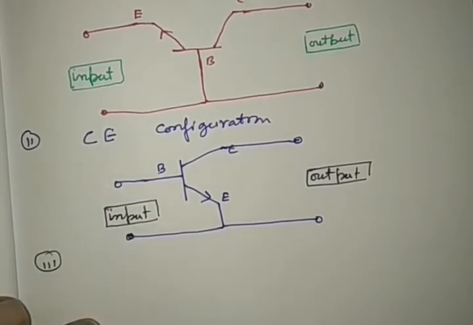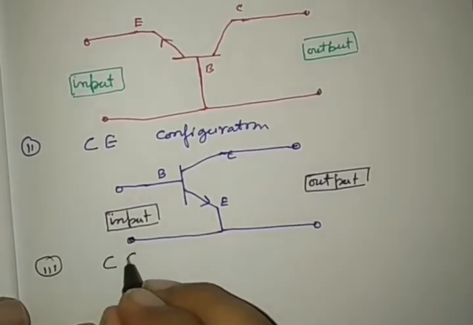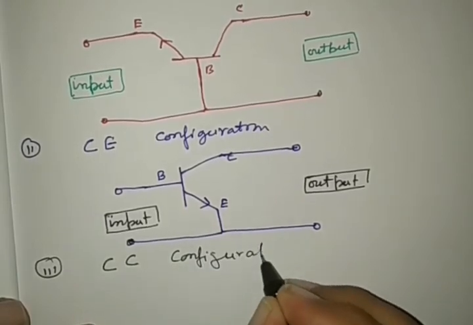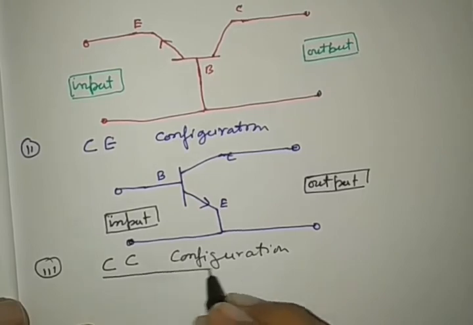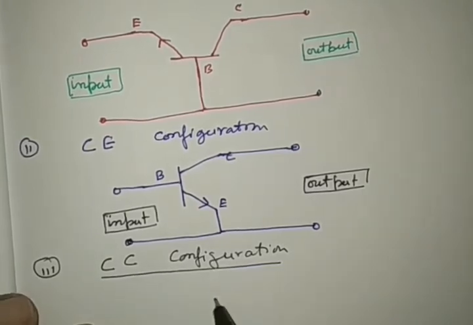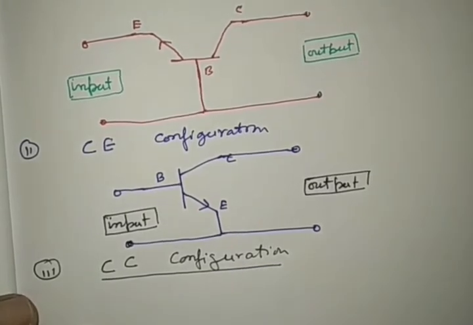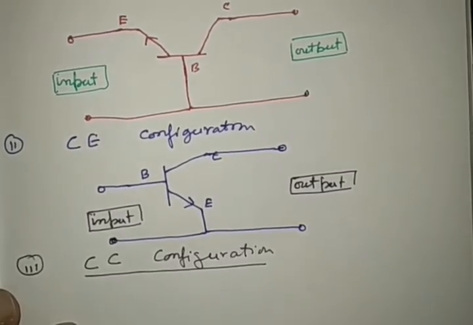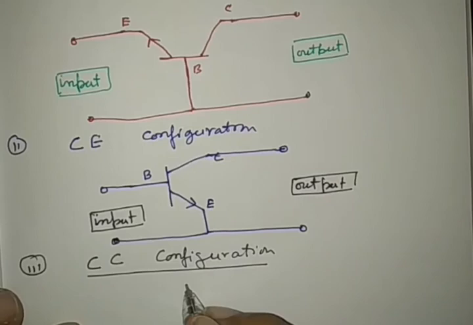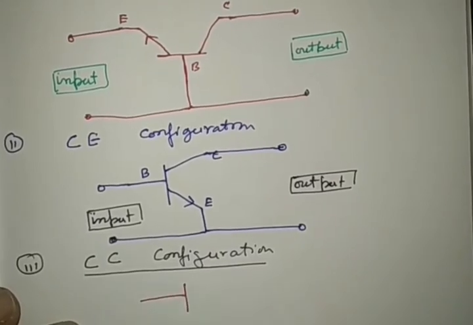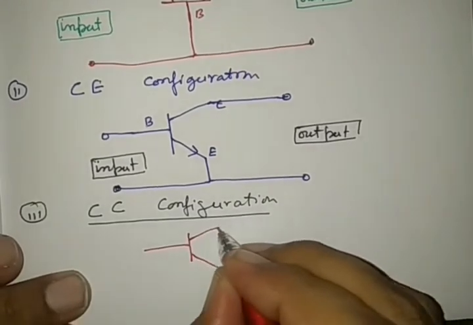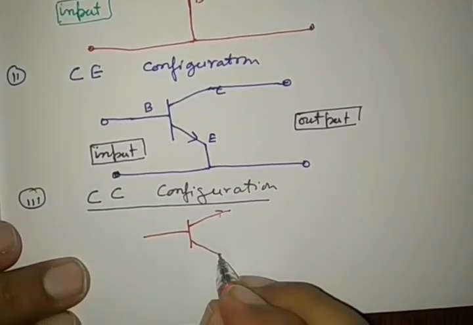The third type of configuration is known as the CC configuration, the common collector configuration. See how the common collector configuration is made. For making the common collector, this is the T here. This is the collector. Keep the emitter upward.